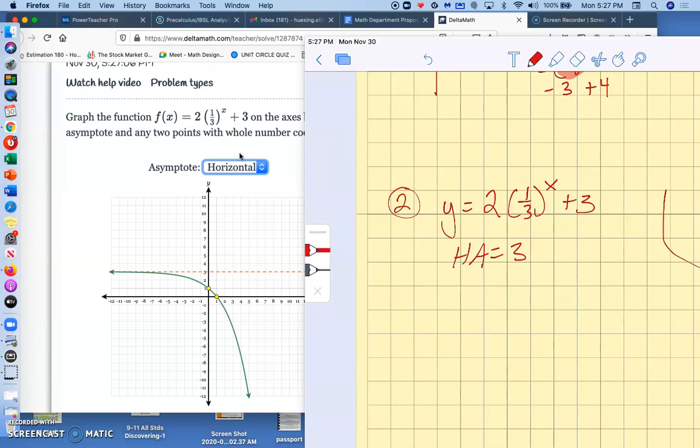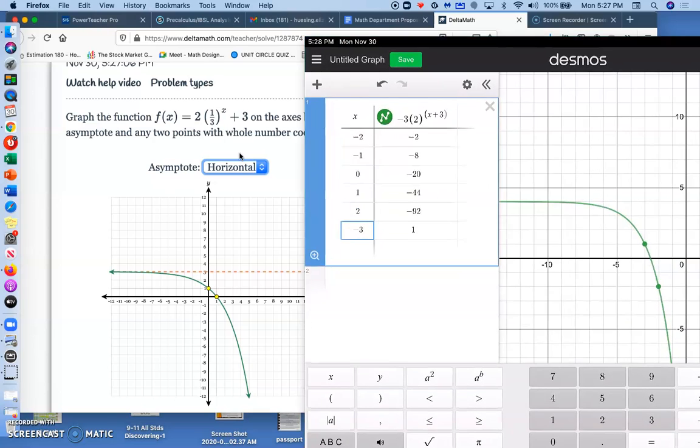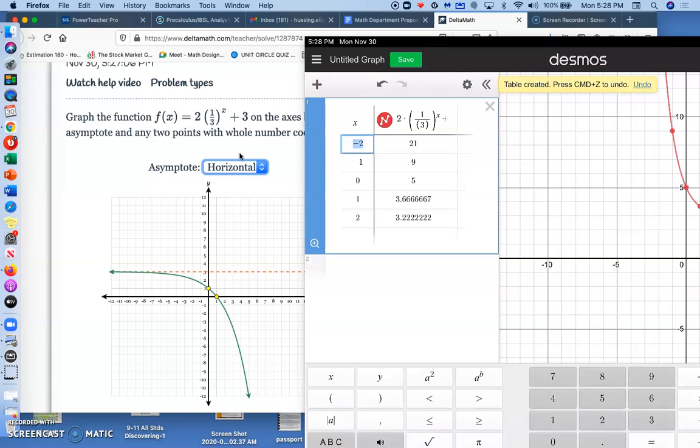So we know it has to be going down. And again, we can go to Desmos to get some points here, or we can make our table. So 2 times 1 divided by 3 to the power of x plus 3.